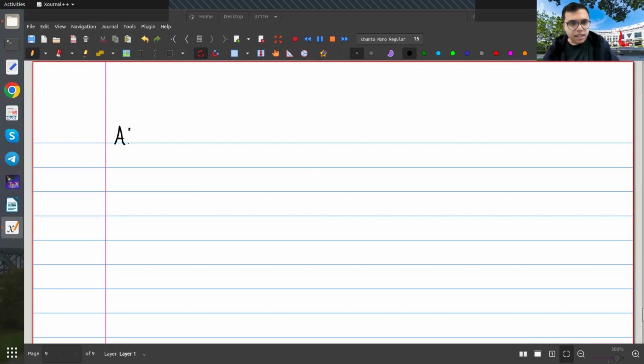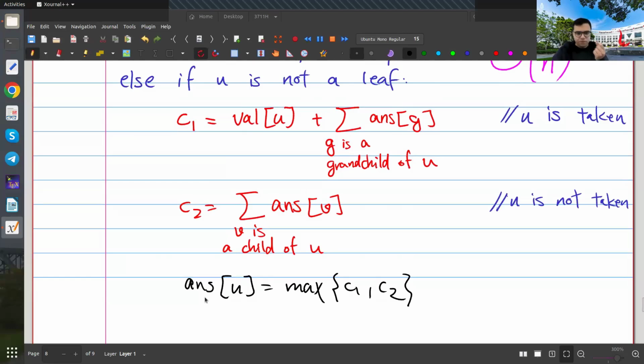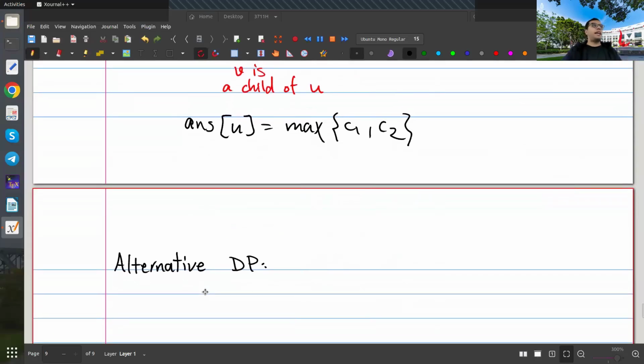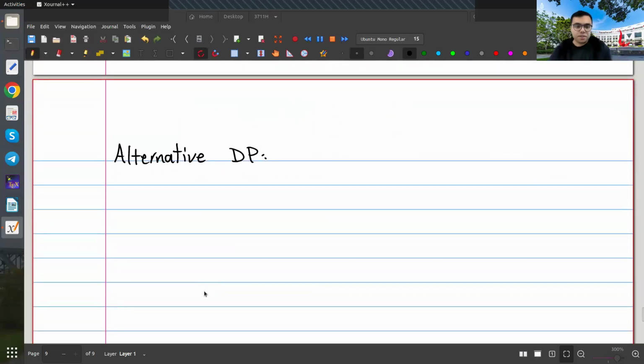So this is an alternative way of doing the same dynamic programming. Here's what I'm going to do. Before, I had just one value calculated at each one of my nodes. Now I'm going to calculate two different values at each one of my nodes. So I'm going to say I have ans 0 of U and I have ans 1 of U.